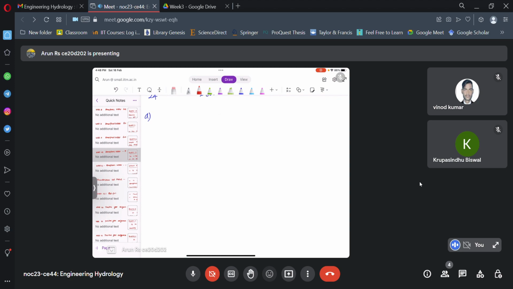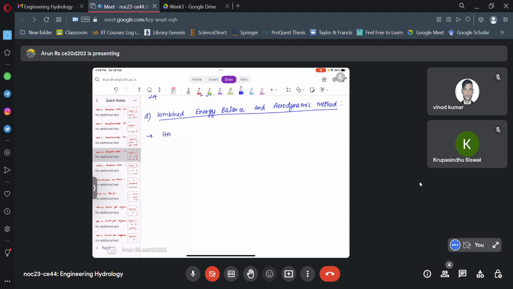So we are moving from some assumptions to the reality. So here both are not limiting. Combined energy balance and aerodynamic. So in reality both are limiting factors.